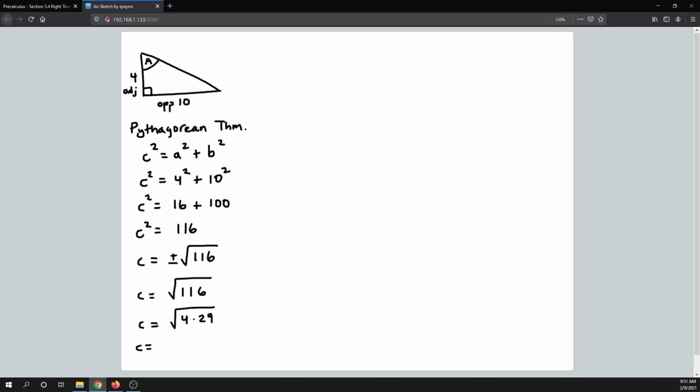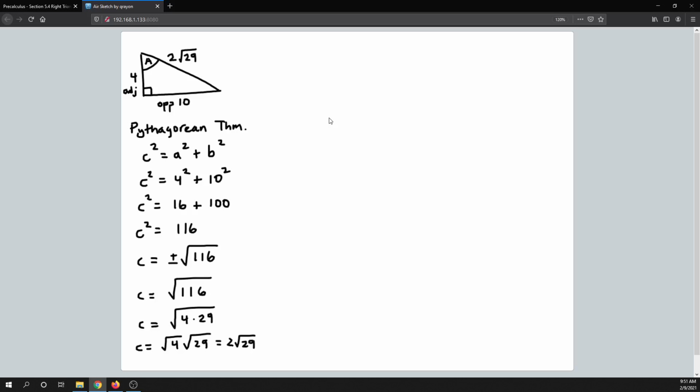And so that would be the square root of 4, square root 29. So simplified, that comes out to be 2 square roots of 29. All right, so now we have all the sides of our triangle. So if you're missing one side, then you're going to have to use the Pythagorean theorem to find it. If you know 2 sides, you can figure out what the third side is.